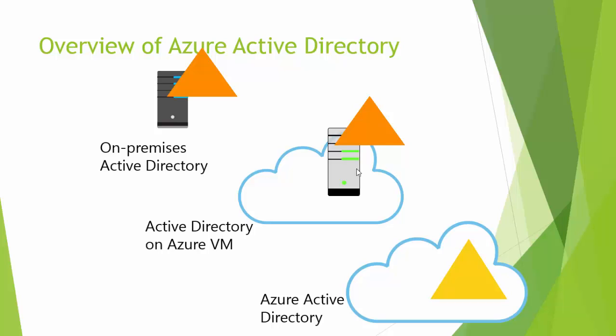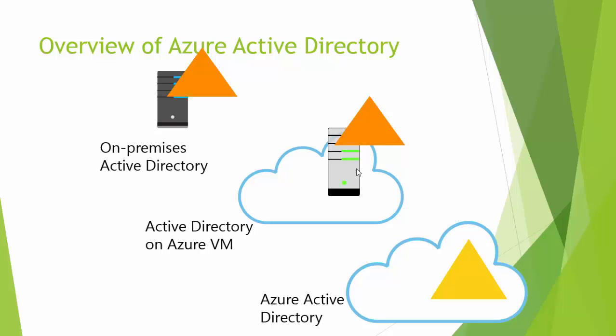Azure AD has many similarities with on-prem, but it's an instance of AD. It's not an actual database like what we have in on-prem, which we call ntds.dit. When comparing AAD with on-prem AD, first of all, AAD is primarily an identity solution and is designed for internet-based applications using HTTP or HTTPS.